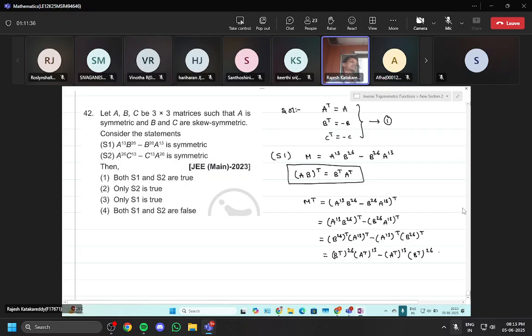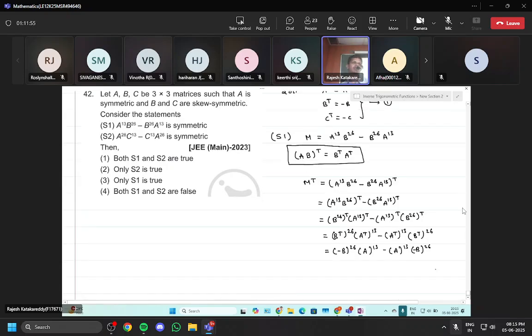From equation 1, A is symmetric, B is skew symmetric. Using that, minus B power 26 A power 13 minus A power 13 into minus B power 26. Right? So since minus B power some even number is there, this becomes B power 26 A power 13 minus A power 13 B power 26.